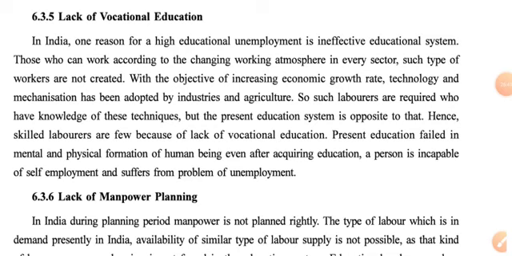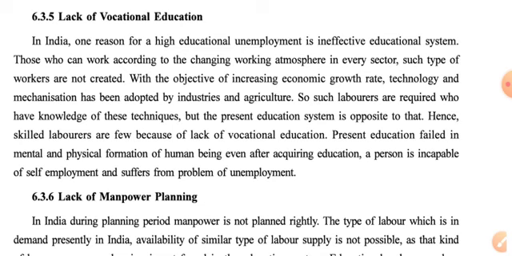In India, one reason for high educational unemployment is an ineffective educational system. It is one of the obvious reasons. It is not due to higher education in the country, but due to the ineffective education system, which does not focus on modern problems or on the employment areas where the majority of people are required.